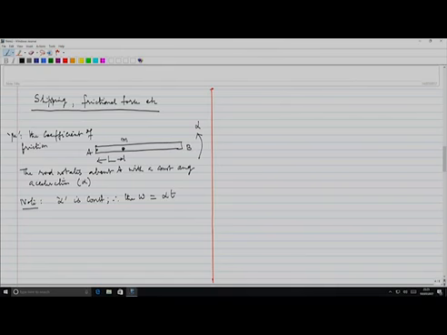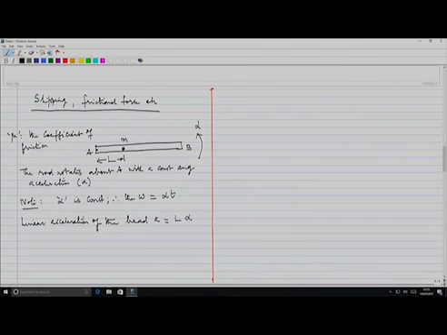Right. So linear acceleration of the bead first. This is A. How is linear acceleration defined? Linear acceleration is the length times alpha. This is the definition.